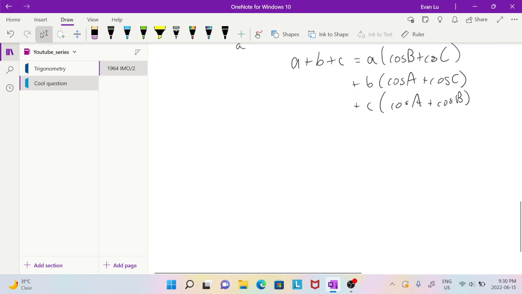All right. So we can see that we have this a plus b plus c on the left side.